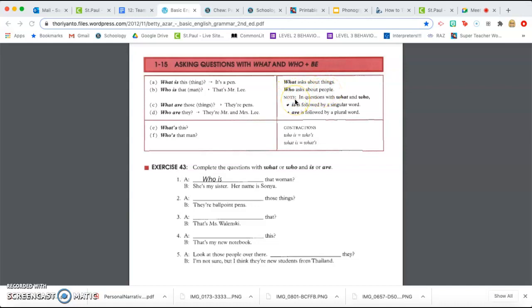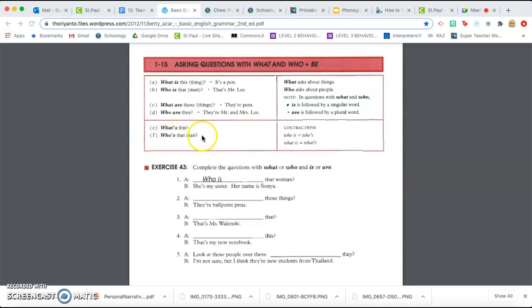Remember that we are going to use is when the word that follows is going to be singular, or one, and we'll use are if the word that follows is going to be plural. So, what's this? It's the same as saying, what is this? Who's that man?